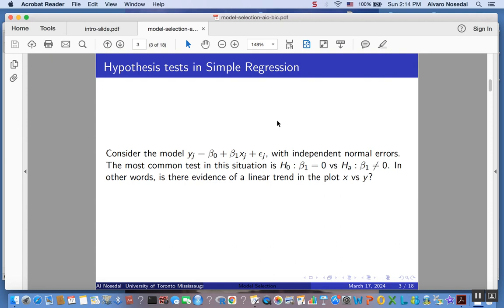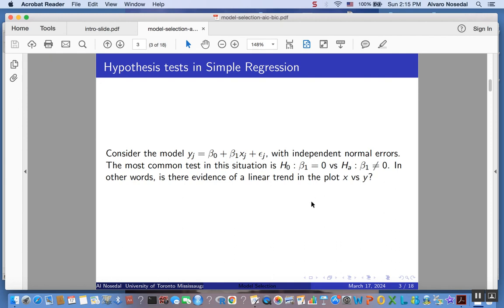As you may recall from your Statistics 302 course, a hypothesis test that we are particularly interested in involves the slope, beta 1.